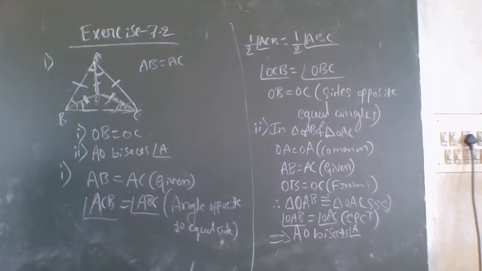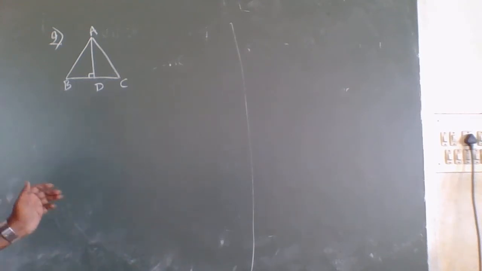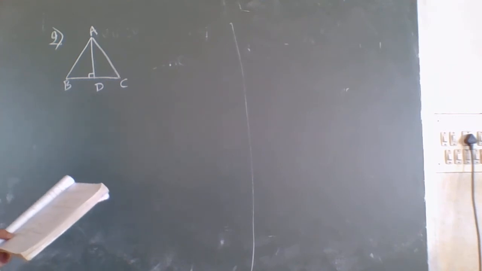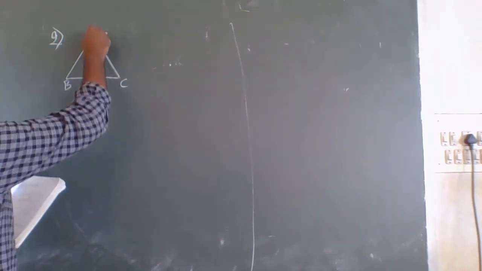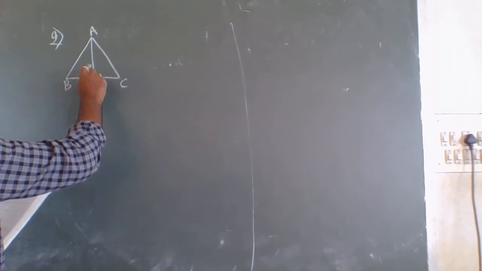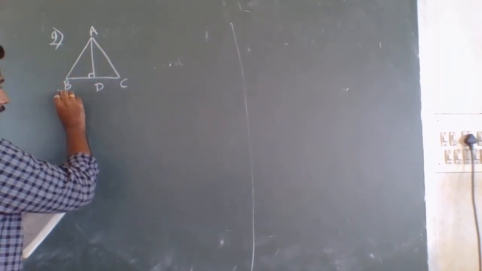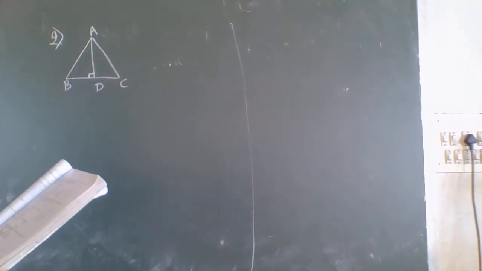Okay, this is the first problem. Now I will move to the second one. So this is the second problem. They are given this diagram, and what they are asking here, in triangle ABC, AD is the perpendicular bisector of BC.